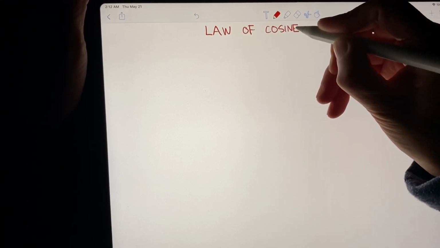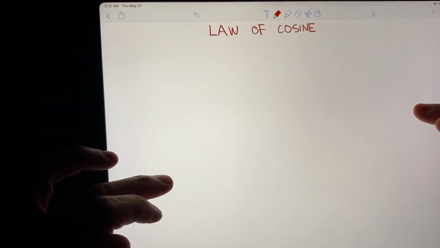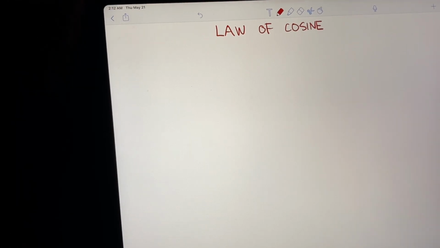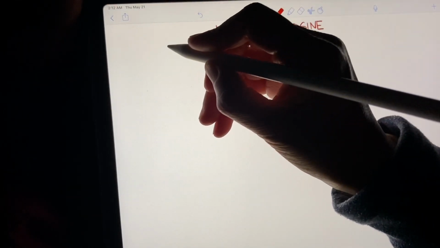Cosine, make it a little bit larger, easier for us to see. The law of cosine. First let's state the law of cosine.